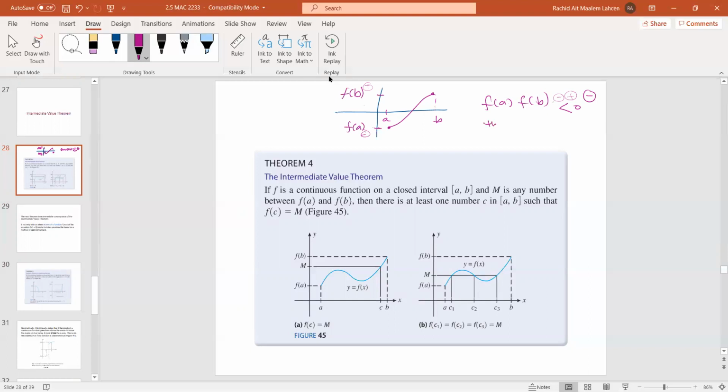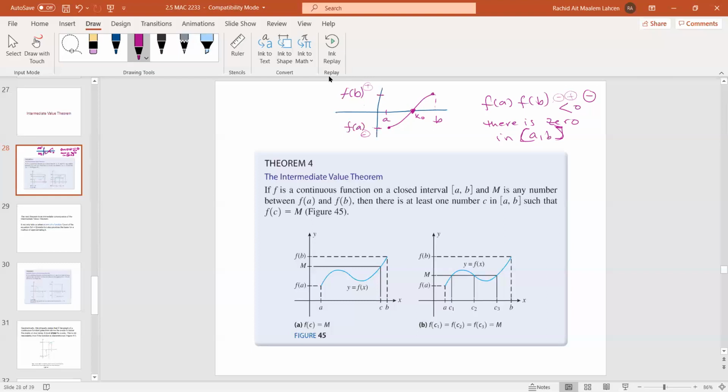It means there is an x-intercept, a 0 in this interval between a and b. That's the intermediate value theorem: if you investigate an interval, and you find that a and b have opposite signs, then the graph must be crossing the x-axis.